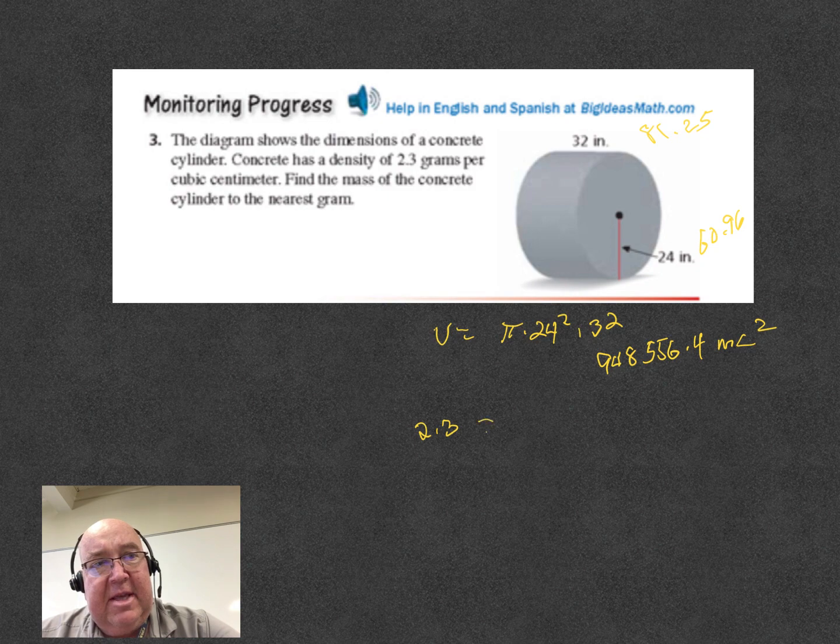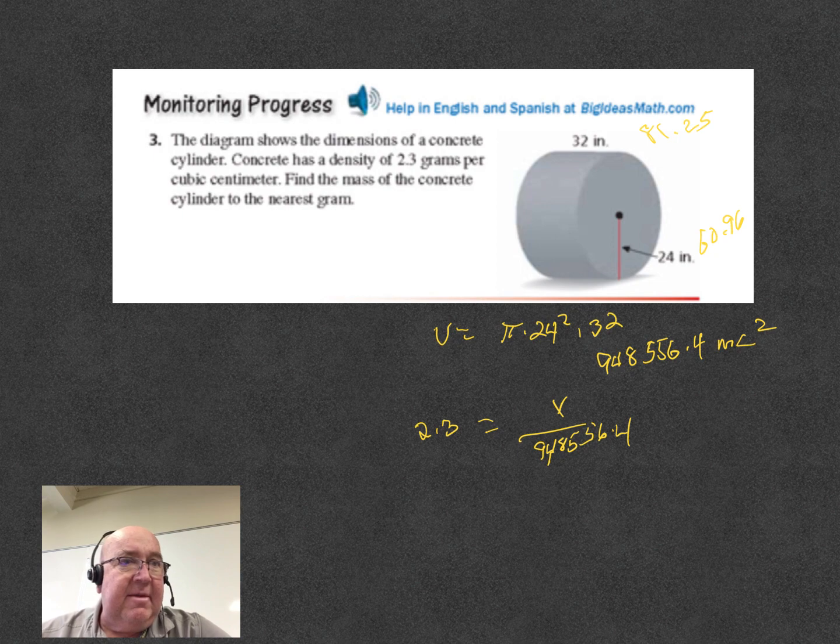It's going to be equal to X over 948,556.4 cubic centimeters. And we end up with our mass is going to be 2,181,679.7 grams.